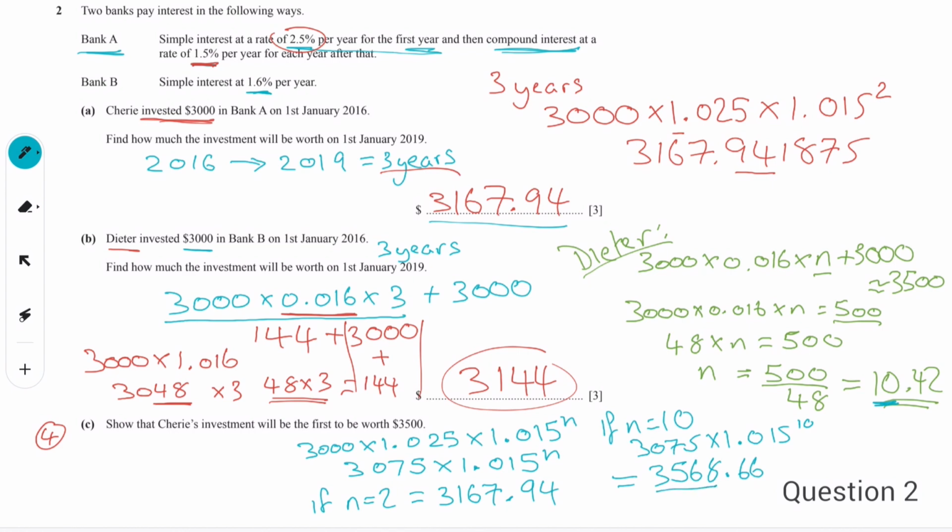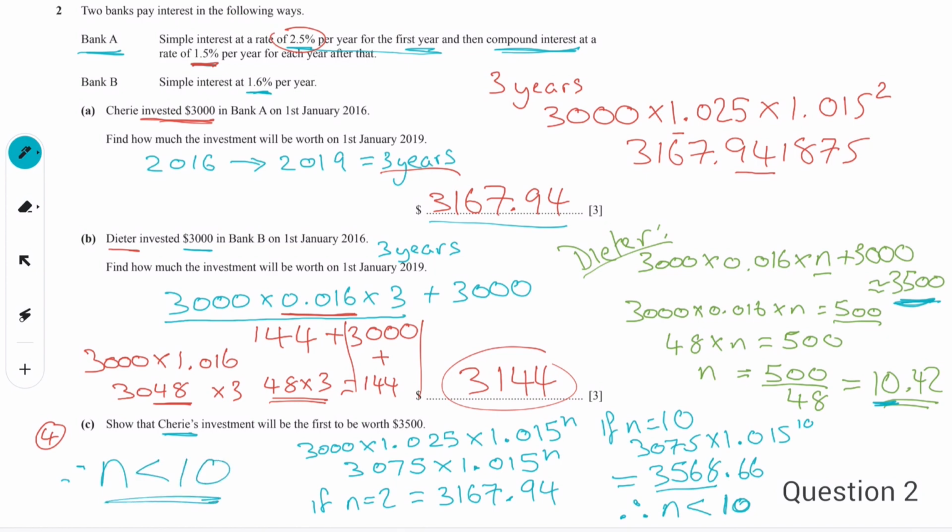So that is significantly larger than 3,500. Okay, so therefore, in the case of mine, n is less than 10. Okay, but anything less than 10 is going to give me a bigger figure than the 10.42 years it's going to take Dieter to obtain 3,500. So Sherry's is the best one because n is less than 10 in Sherry's case.